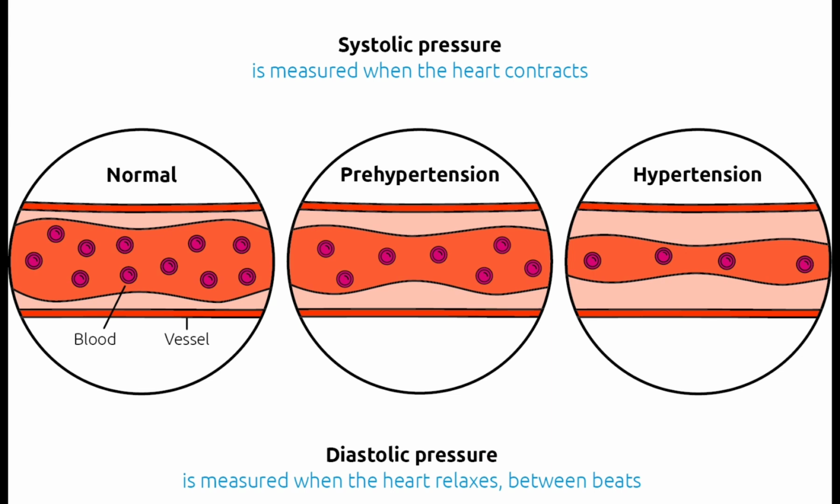That means old age, obesity, salty diet, sedentary lifestyle, drinking too much alcohol, and genetics contribute to primary hypertension. Some of these factors can be prevented.